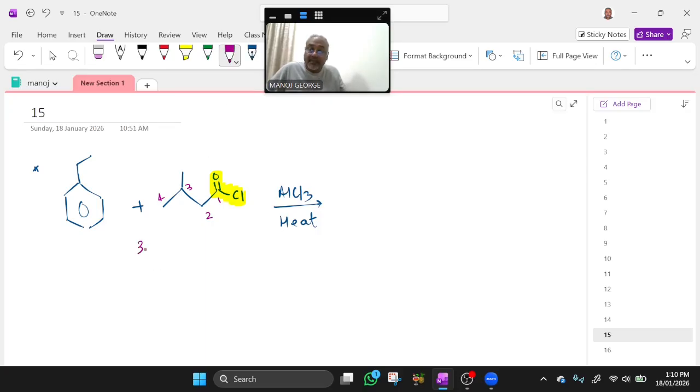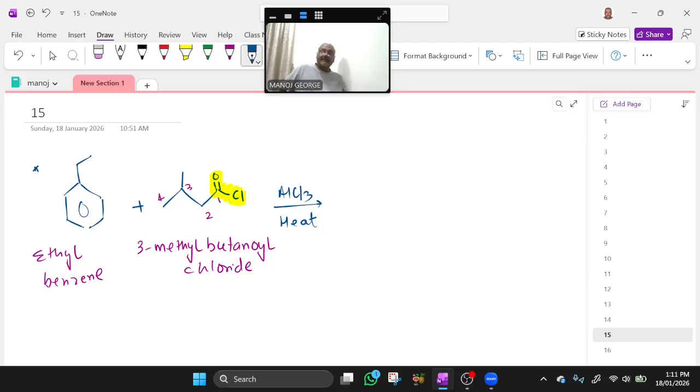So this is 3-methylbutanoyl chloride. And of course, as you notice here, this is ethyl on the benzene. So this is ethylbenzene. The point that I was trying to make throughout the lesson is that whatever happens to methylbenzene, the same drama will happen to ethylbenzene. There is no difference.